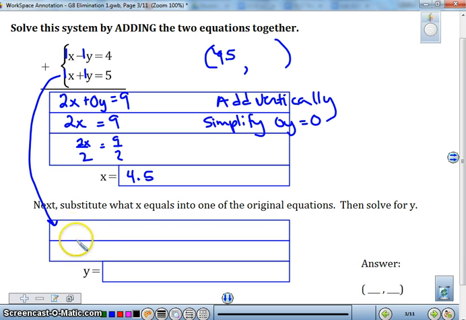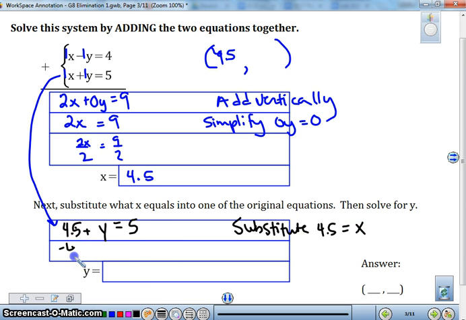What do we write down? We write x plus y equals 5, and our x was 4.5. So we're substituting in, so please write this in your notes, substitute 4.5, because that's what x was equal to.